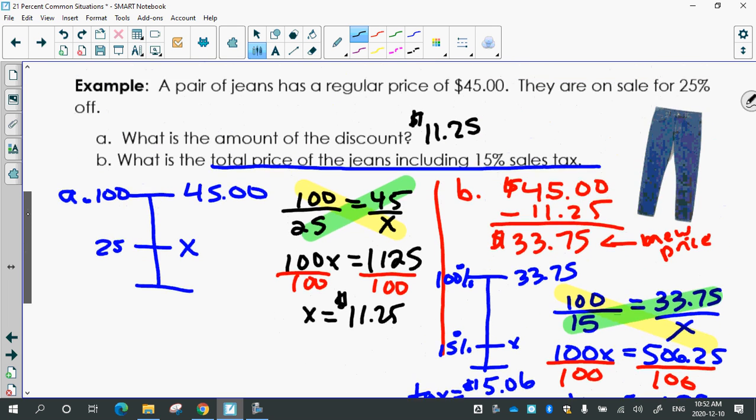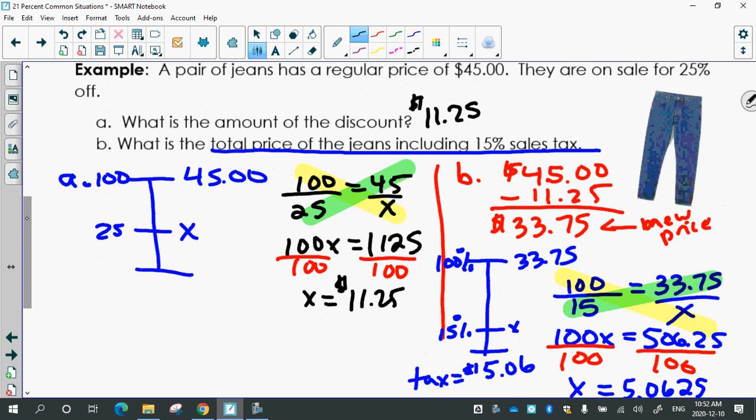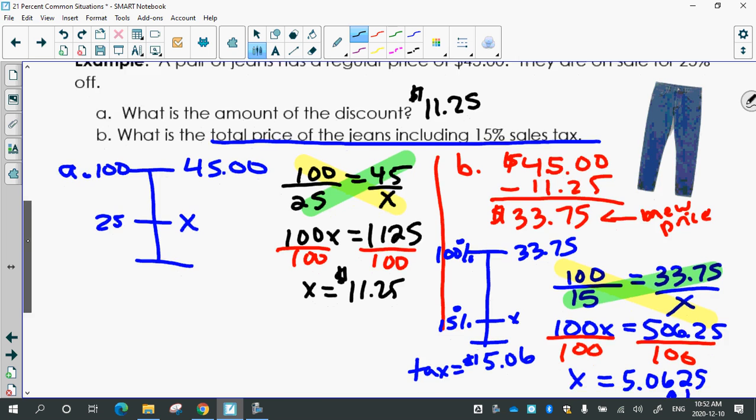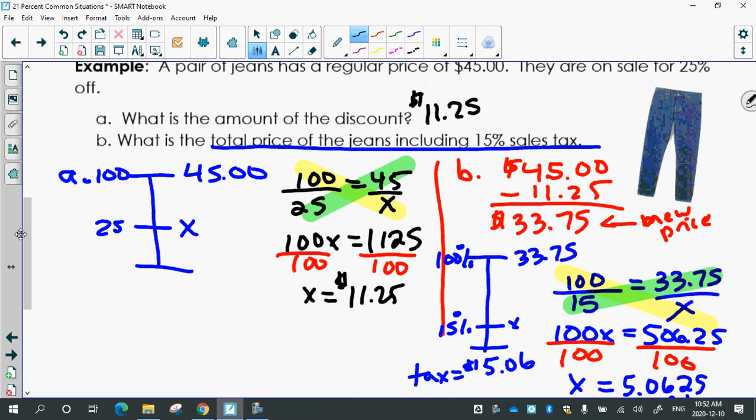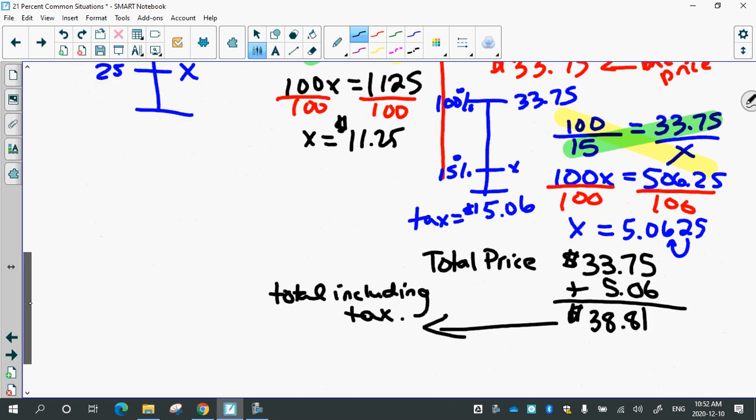That would be something, if you want to know if you had enough money to buy a pair of jeans, that you would quickly want to be able to figure out. Okay, so that's a common everyday life problem. And I think there are lots of apps on your phone where you can put in the amount, the amount of the discount, and the amount of the tax, and it will tell you the amount. But this is the math that goes into it.